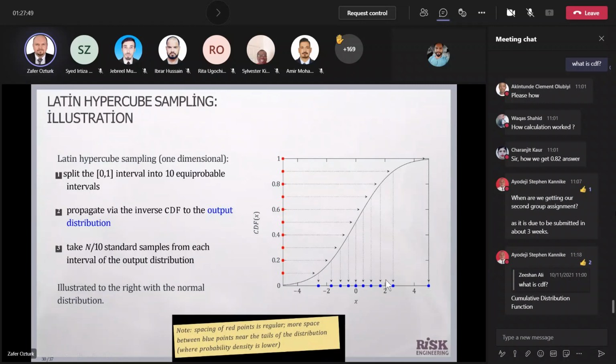So the distance gets closer when it comes to the tails, although the distances here are equal to one another. So each of them is 10%, which means we are dealing with Latin hypercube sampling.